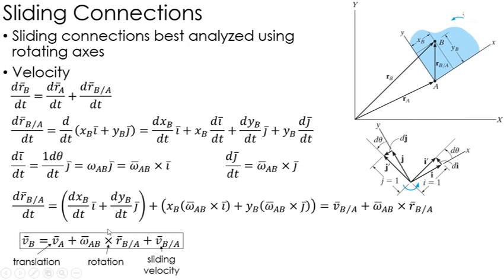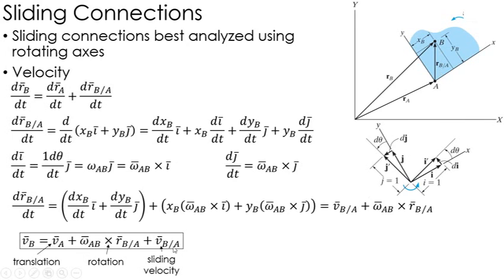Notice this is the exact same answer I had previously, with the one exception that I have this sliding velocity, the velocity of B with respect to A. With pin connections, those are two fixed points. Those points don't move relative to one another.